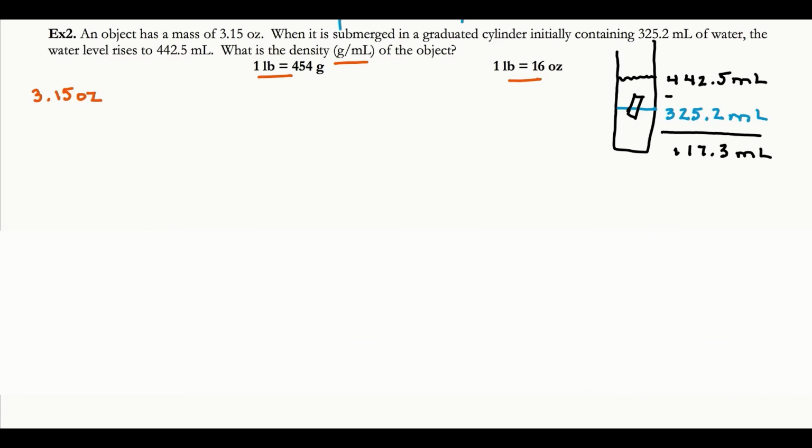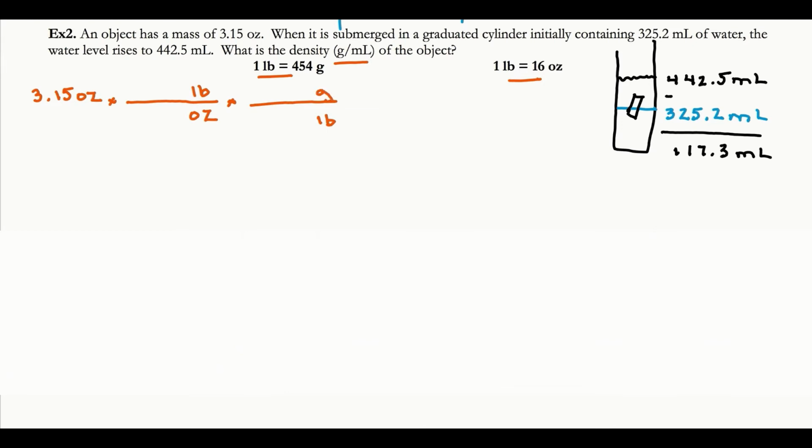Okay, I'm in ounces. I want to get into grams because that's the unit for density that I want for mass. So notice the two conversion factors allow me to get out of ounces, first into pounds. Okay, now I'm in pounds. I don't want to stay in pounds. Now I can get into grams.